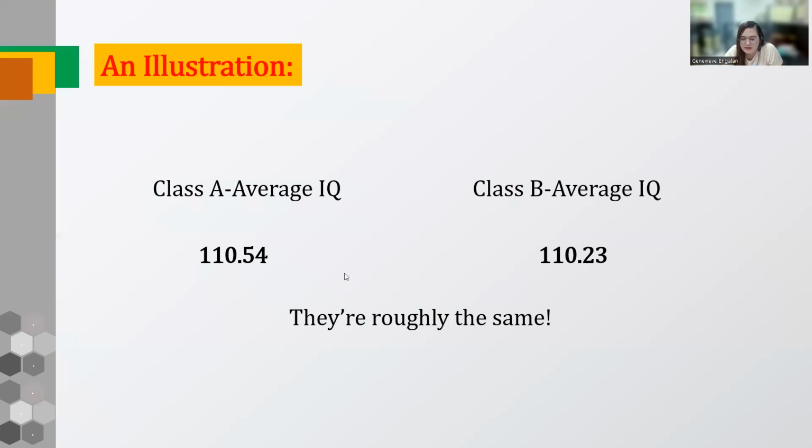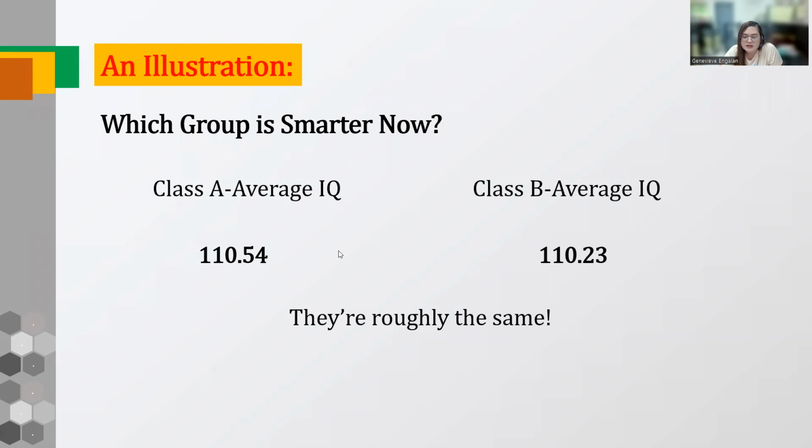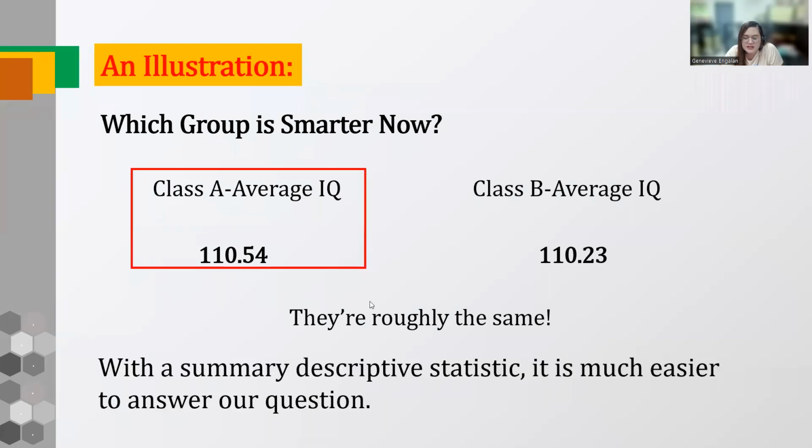So mangita tag isa ka number to represent the group para mas dali siya i-compare to other groups. Okay, so kinsay mas smart kung mag-base tayo sa ilang average, we have class A. So with a summary descriptive statistic, it is much easier to answer our question.